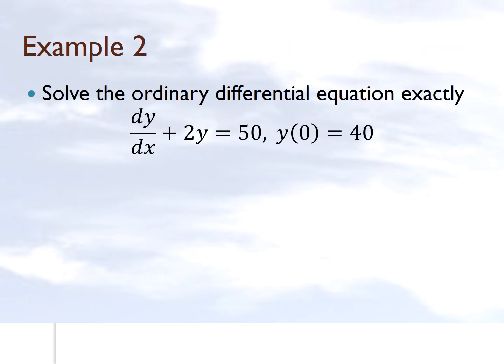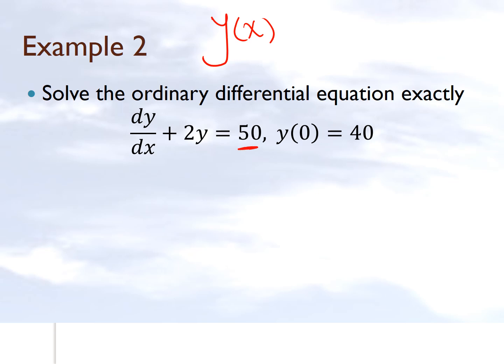Now let's do another example. In this example, we have a first-order differential equation. Just to let you know, the independent variable can be any variable. In the previous example, the independent variable was t. Here it is x. No worries. So now we are going to generate a solution y as a function of x.